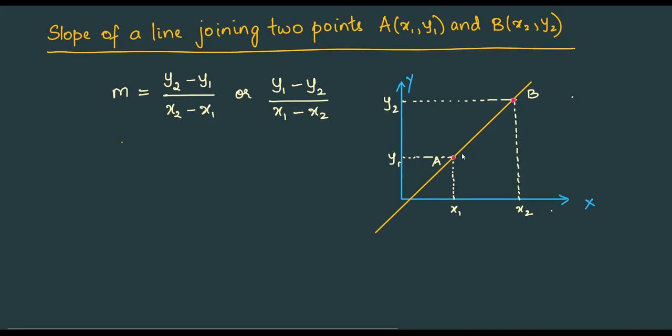Now, what is this difference? This length here is, as you can see, x2 minus x1. From origin to here, it is x2. From origin to here, it is x1 distance. So this distance will be x2 minus x1.